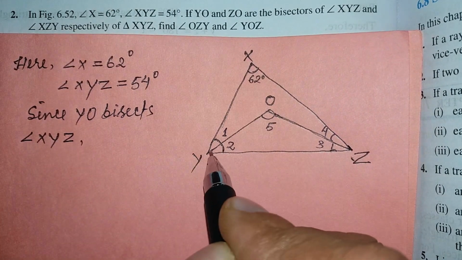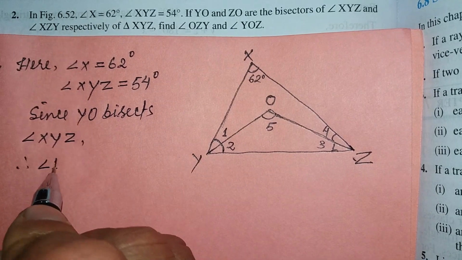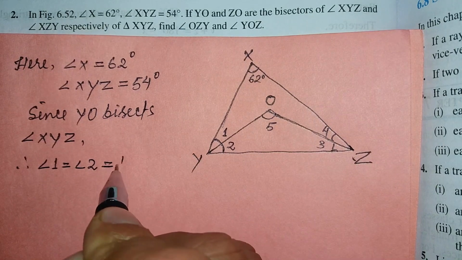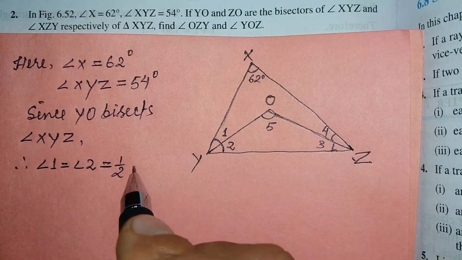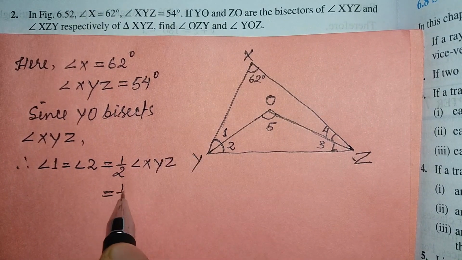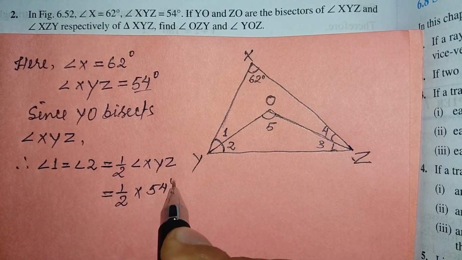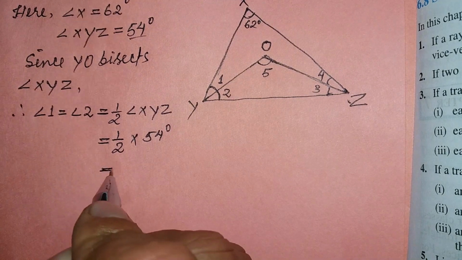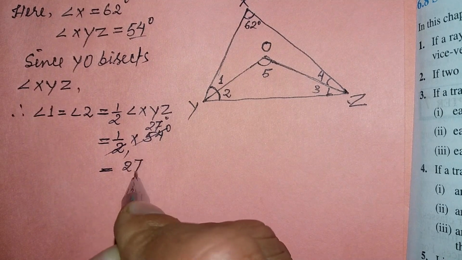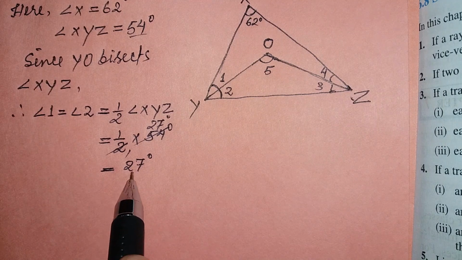So since YO bisects XYZ, angle 1 will be equal to angle 2, and both will be equal to half of the big angle XYZ. Now XYZ is 54 degrees, half of which is 27. So angle 1 and angle 2 are both 27 degrees.